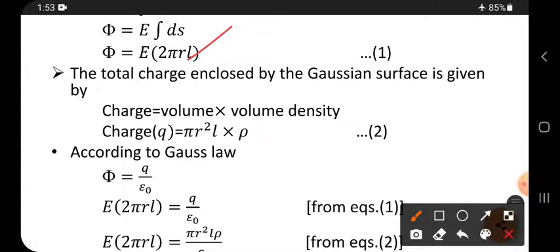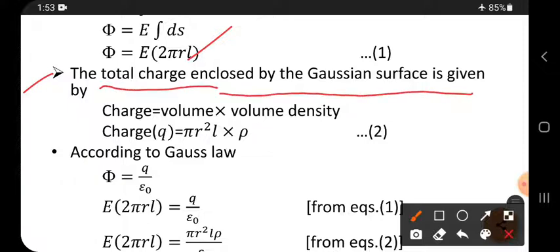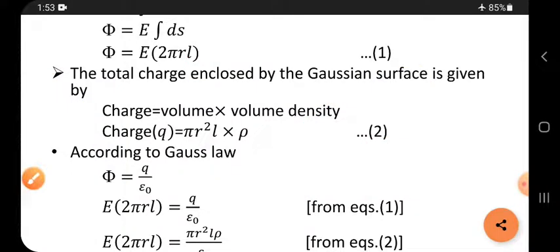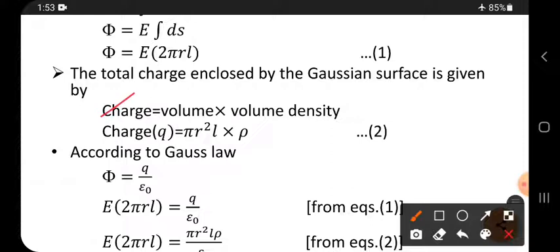Next, the total charge enclosed by the Gaussian surface. I already explained: lambda is charge density per unit length, sigma is charge density per unit area, and rho is charge density per unit volume, that is, charge by volume.